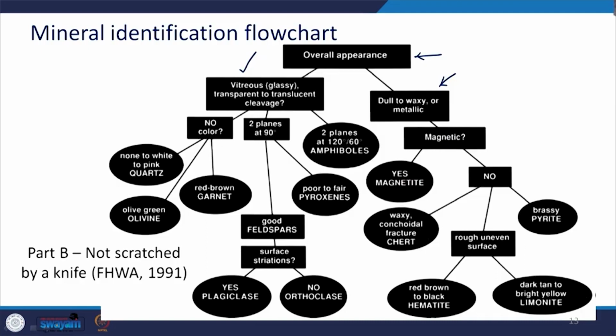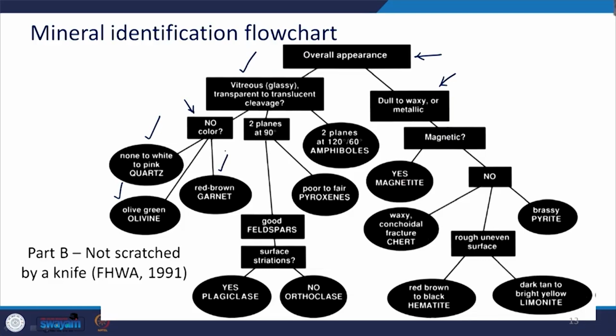Now, say it is glassy, transparent to translucent, then we will see what all the colors are, if there is any color. So, the question is asked, color or not. So, if we have no color, then none to white to pink gives quartz, it identifies quartz. If it is olive green, that is olivine. If it is red to brown, then it is garnet.